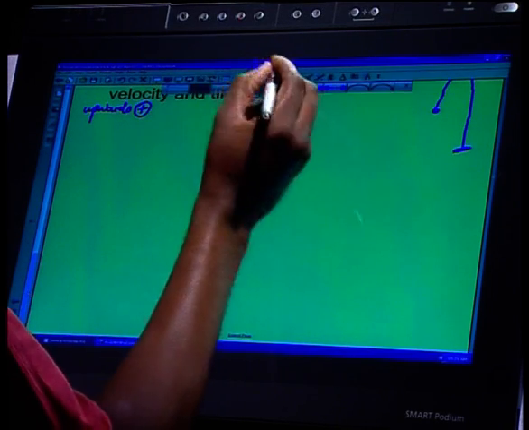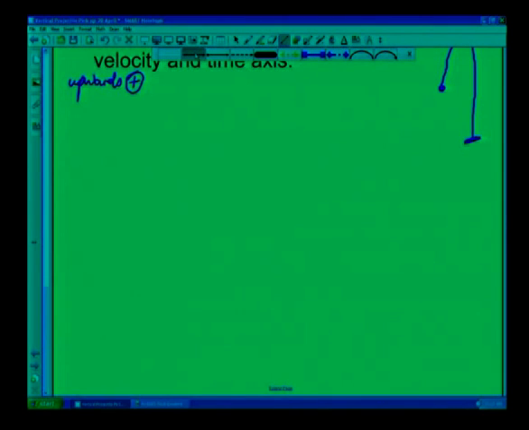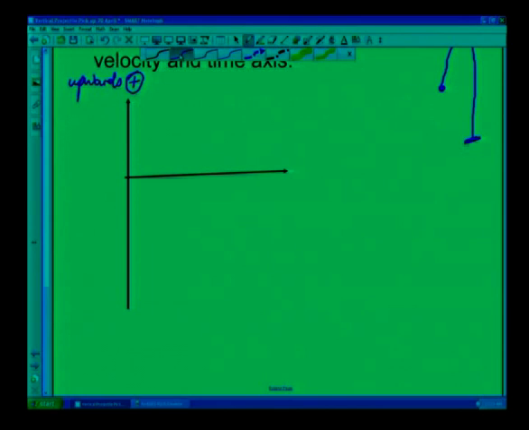Now, let's have the axis. Let me have my vertical axis there. And let me have my horizontal axis. I think here I need to have it starting from somewhere there. Okay. Right. And now, labeling them, this is V in meters per second.